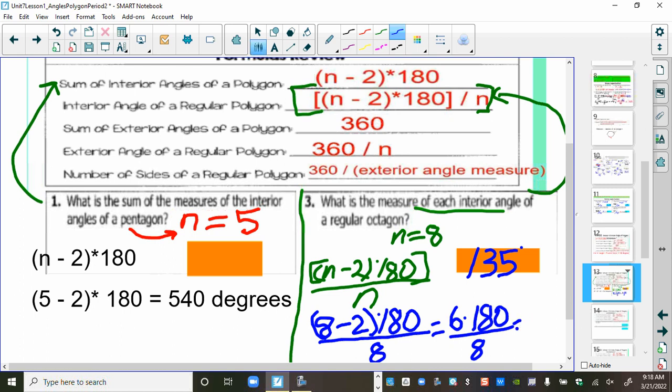Because then it'd be 1080. No, wait a minute. No, I messed up. Yeah, that's right. I mean, 135 is right. Because 3/4 of 180 is 135. So I know 135 is right.